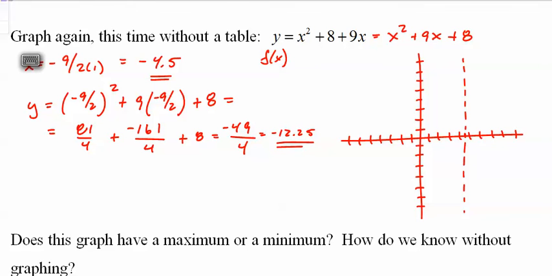So it's down here somewhere. This is our vertex: negative 4.5, negative 12.25. And then it comes up and hits somewhere, and we really can't tell where till next lesson, where we'll show you how to do it on a calculator.